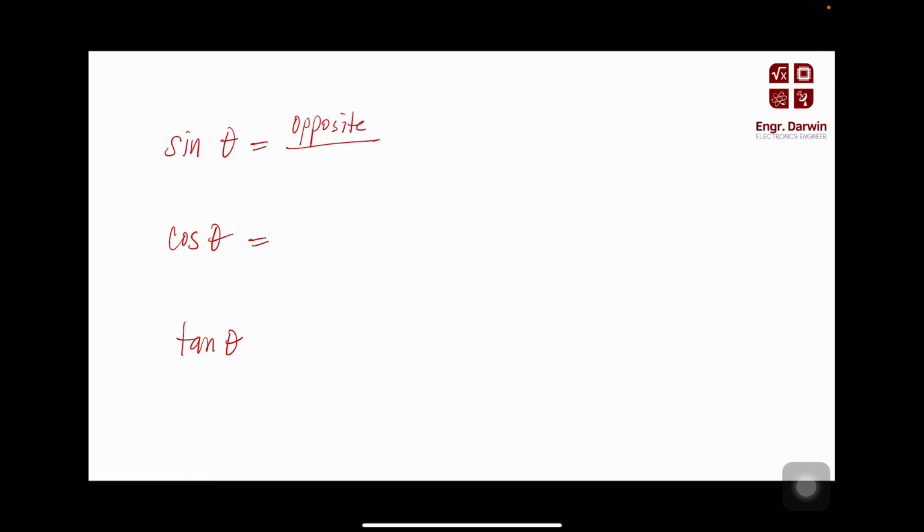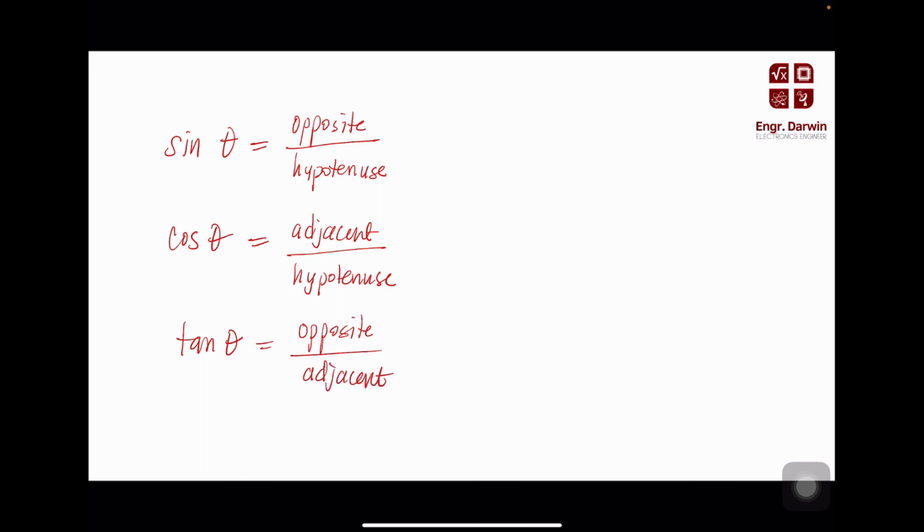So this is opposite side over hypotenuse, adjacent over hypotenuse, opposite over adjacent, and then yung mga reciprocal function, this is cosecant, secant, and cotangent.